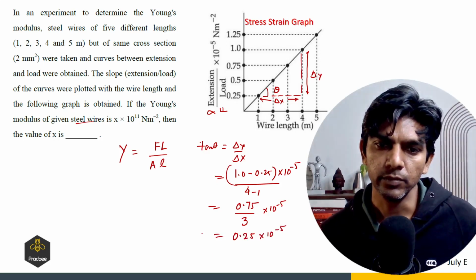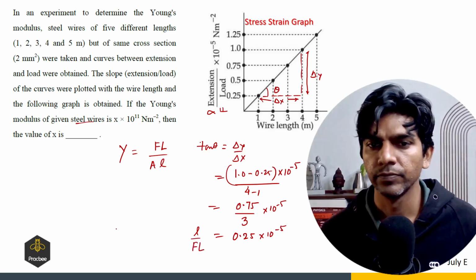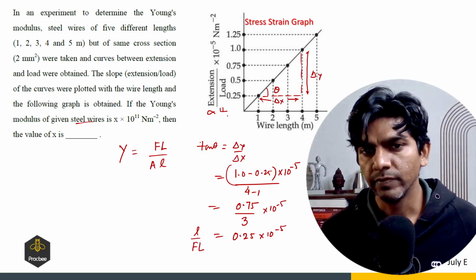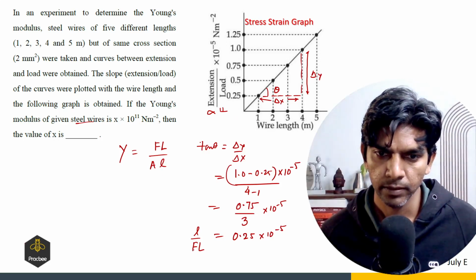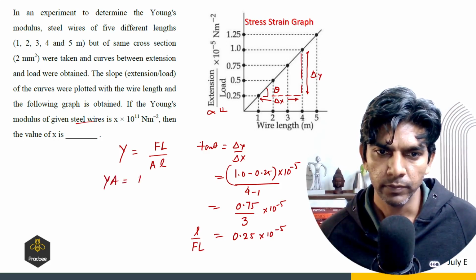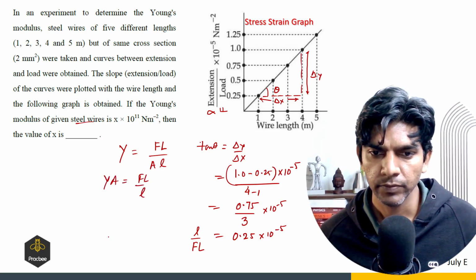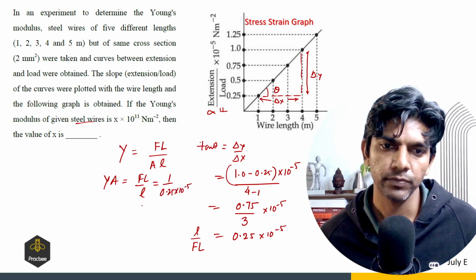And this is nothing but L by F times L, right? Because on the y-axis we have L by F, on the x-axis we have capital L, right? So y times A will be FL upon L. So this is nothing but 1 upon 0.25 into 10 raised to power minus 5.